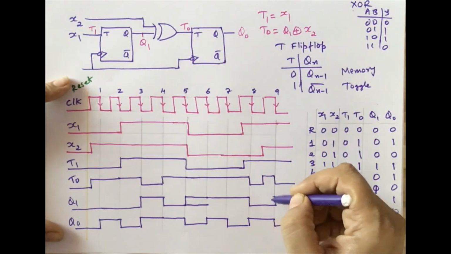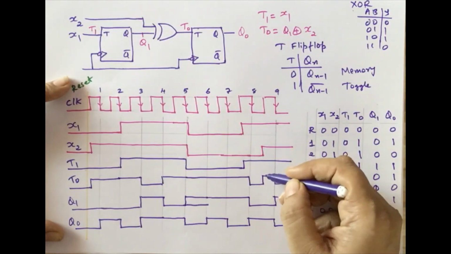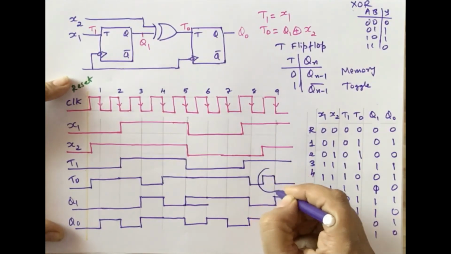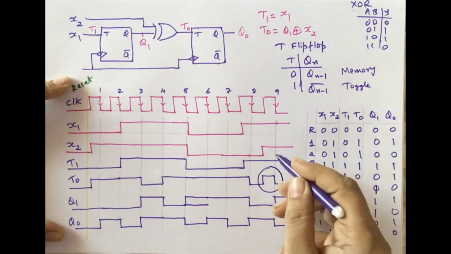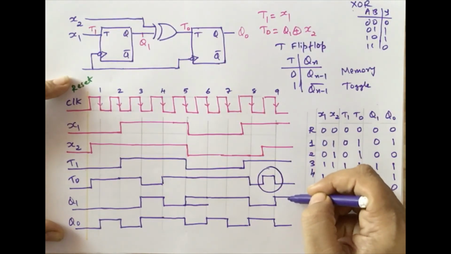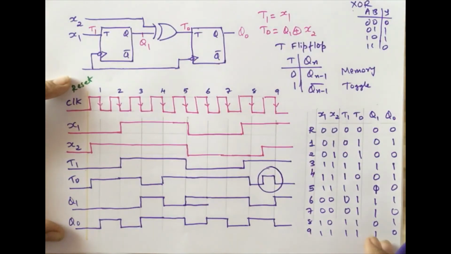Q1 is still 0, but whenever X2 becomes 1, we can observe this transition over here due to the change in X2. Again, whenever X2 and Q1 both are 1, T0 is 0. So for various clock pulses based on X1 and X2, Q1 and Q0 are plotted over here.